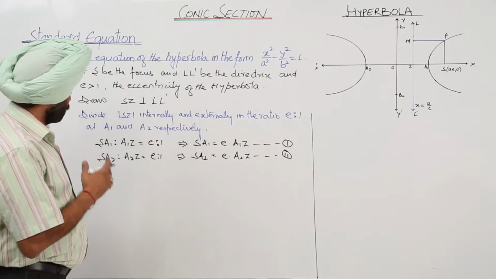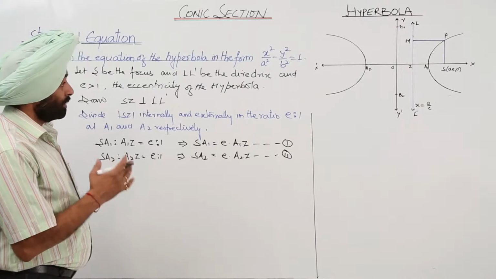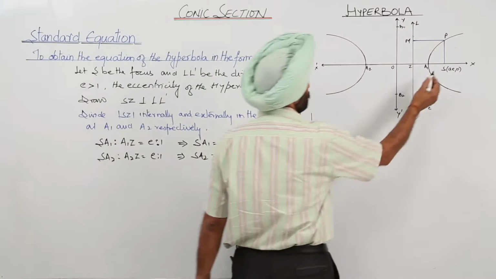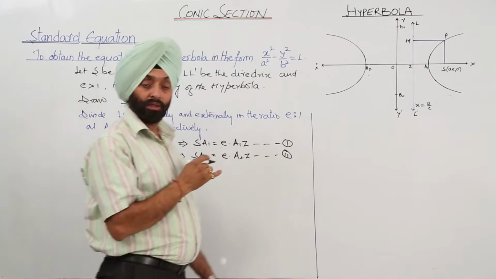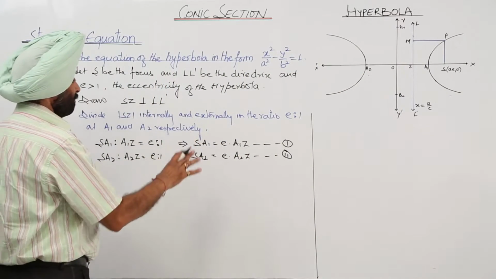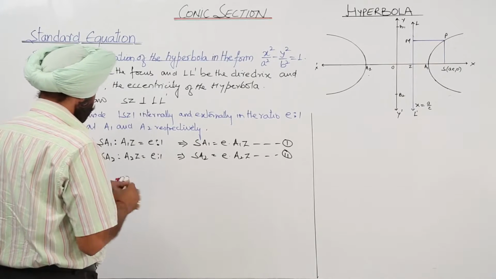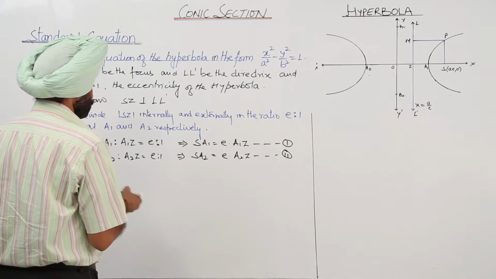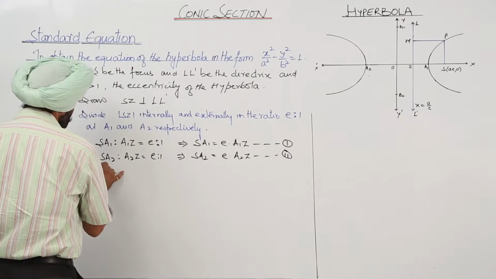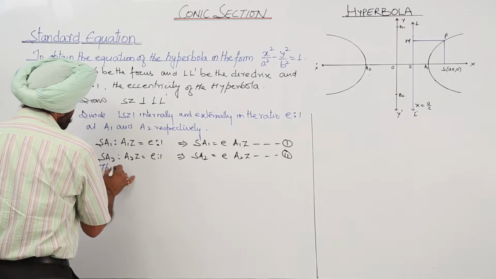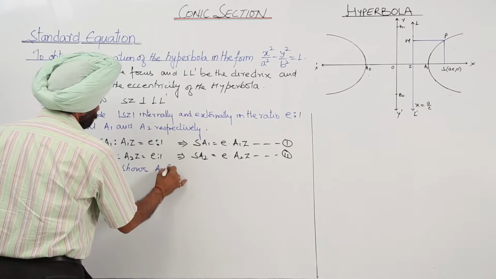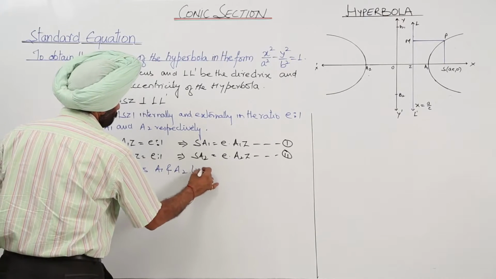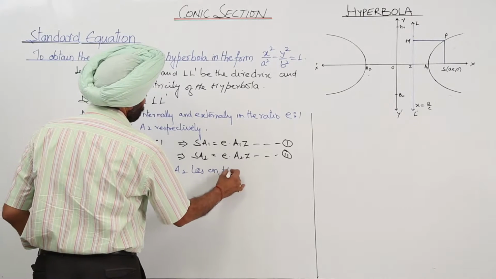You can check it, S to A2 and Z to A2 externally. So we have 1 and 2. Now this shows A1 and A2 lie on the hyperbola.